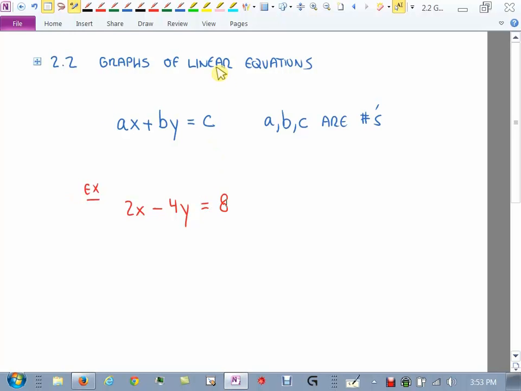It's linear because why? Yes, when we graph it, it'll be a line, but what is it about this that tells us it's a line? It has to do with the two variables here. The x and the y are both, if you look at their exponents, that means the powers on them, there's really a 1 on them, right?